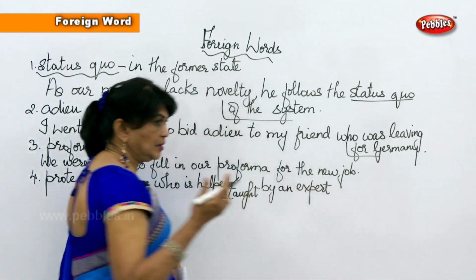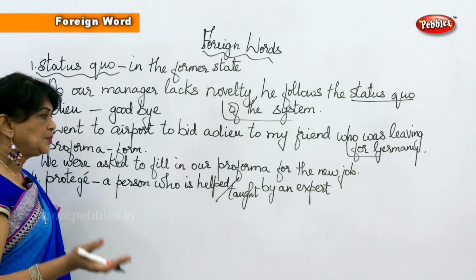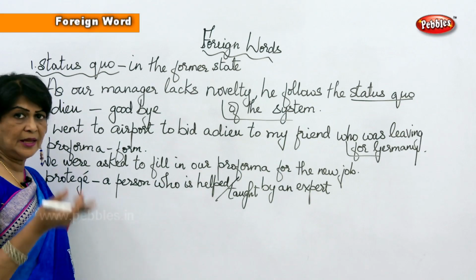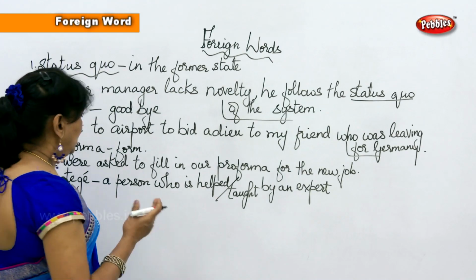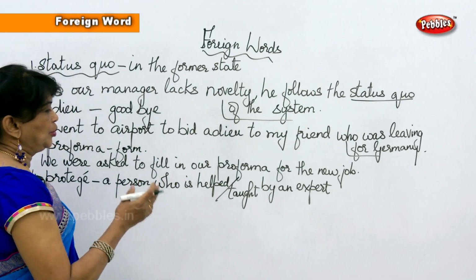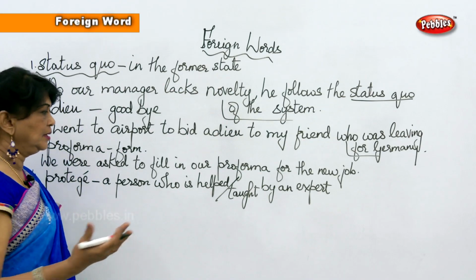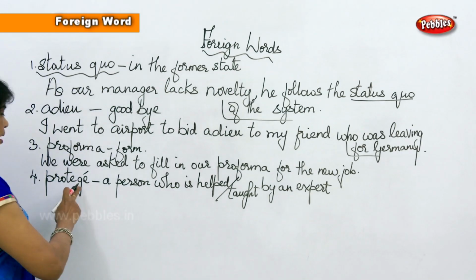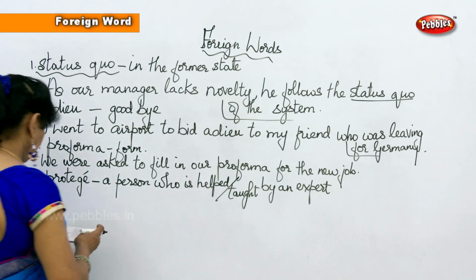It may be for dancing, it may be for any sport, or it may be even for any other skill, singing, anything. He is my protégé, means he is a person who is helped or taught by me. If you are a skilled person, you can say that somebody else is your protégé. And how do you pronounce this word? Protégé. This accent grave is there.